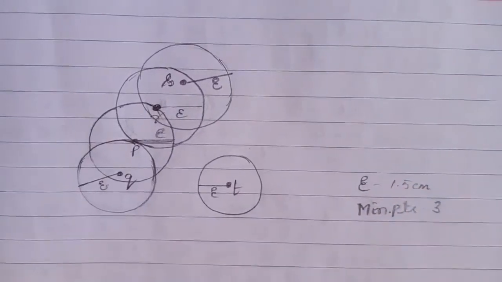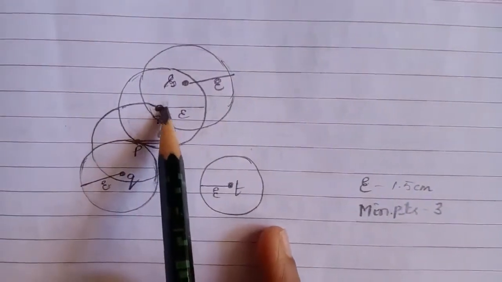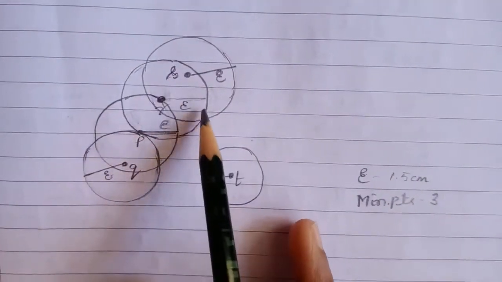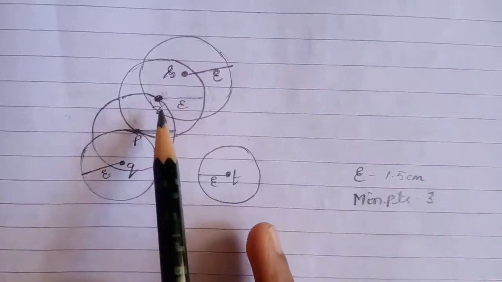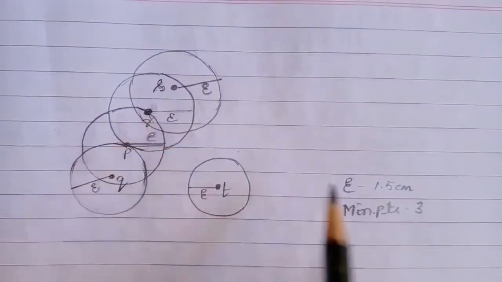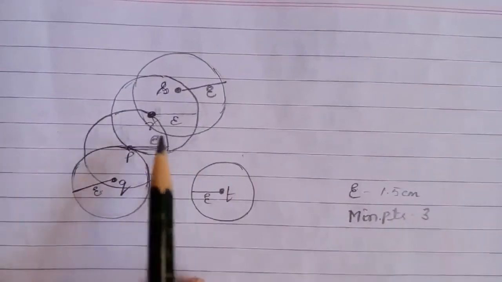I have drawn a circle with radius 1.5 centimeters, and we check how many points are in this circle. Our requirement is a minimum of 3 points in that circle.